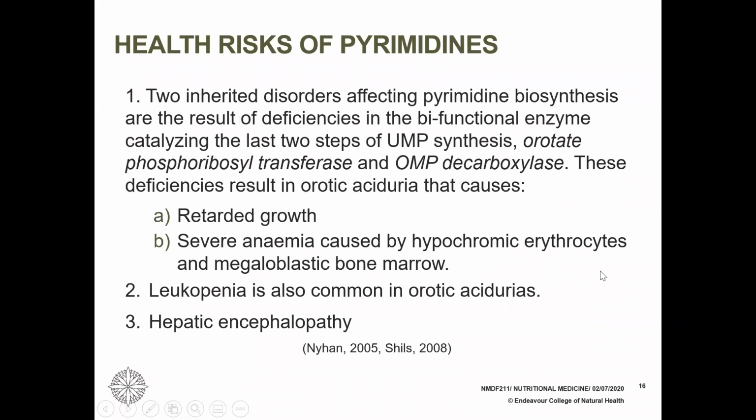There are a few inherited disorders that are a result of pyrimidine biosynthesis. And we call it orotic aciduria, in which there is a megaloblastic bone marrow, erythrocytes are hypochromic, and it is also characterized by leukopenia.